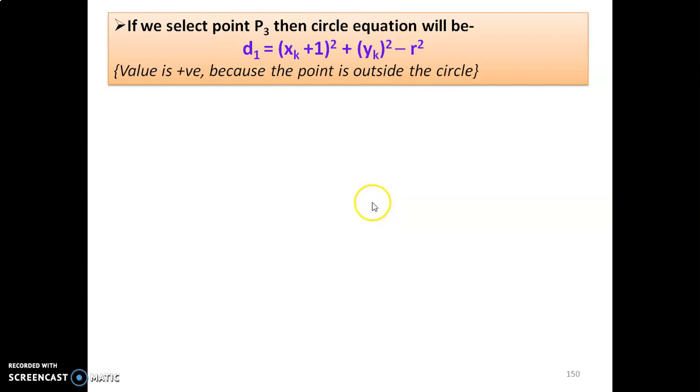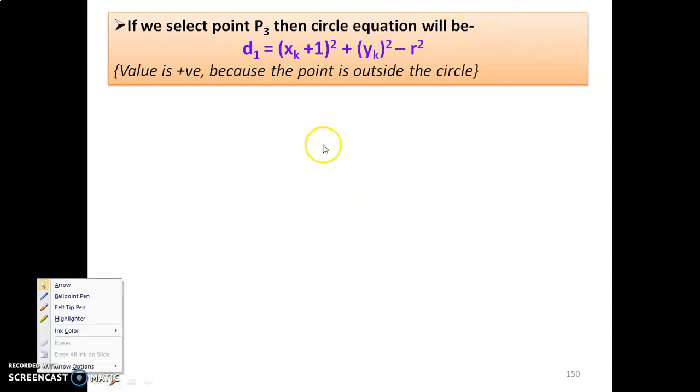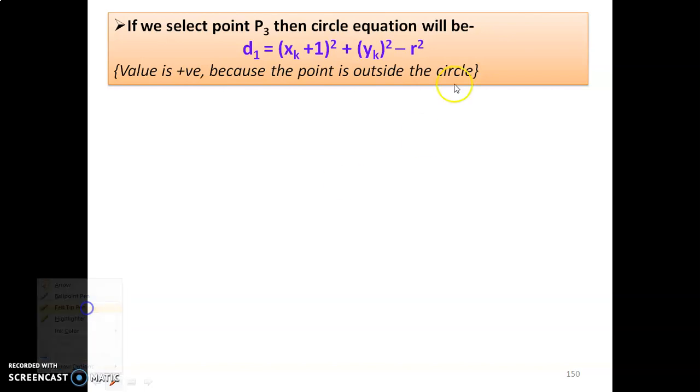Now if we select the pixel point P3, what are the coordinates of the P3 pixel? The coordinates of the P3 pixel are xk plus 1, and yk is the same. So these are the coordinates of the P3 point.